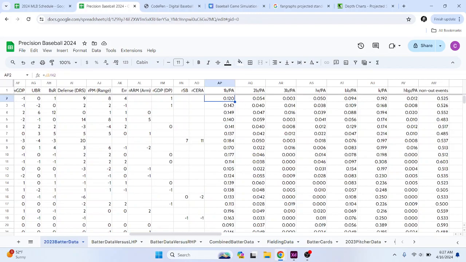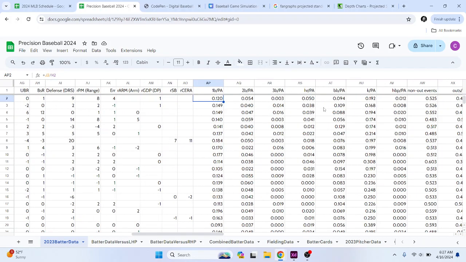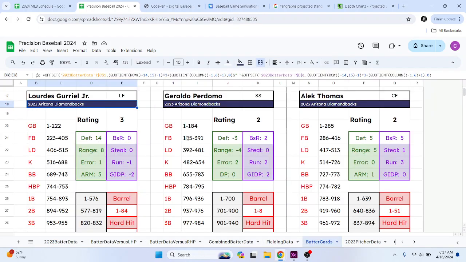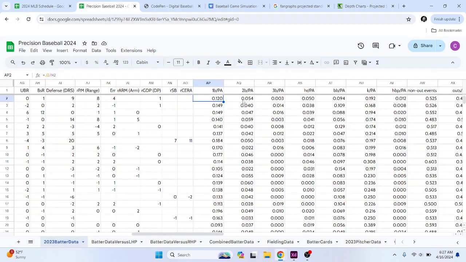And then what I do is I calculate singles per plate appearance, singles, doubles, triples, home runs, walks, strikeouts, hit by pitch. So that's everything that you see here. So all of these values here are based on a per plate appearance. That's how they start out.